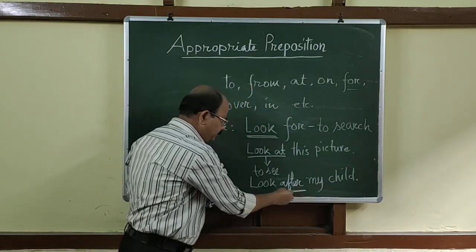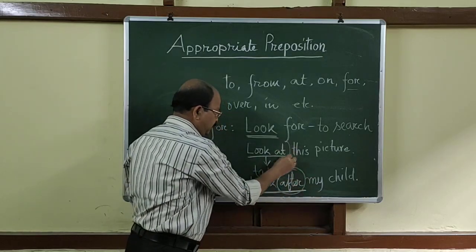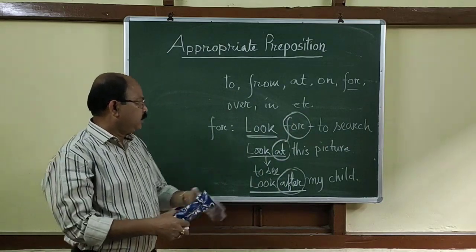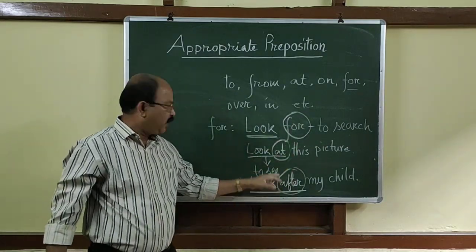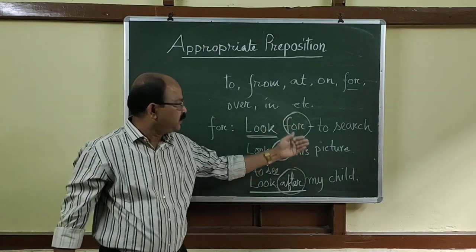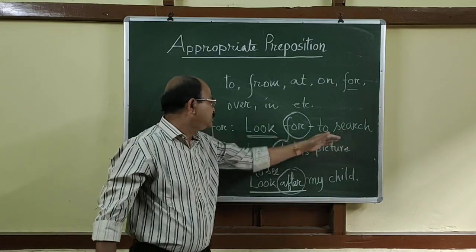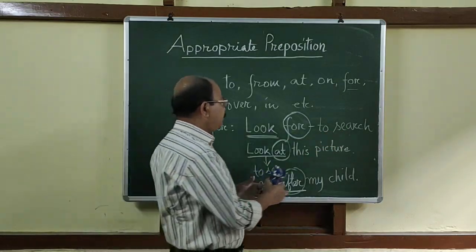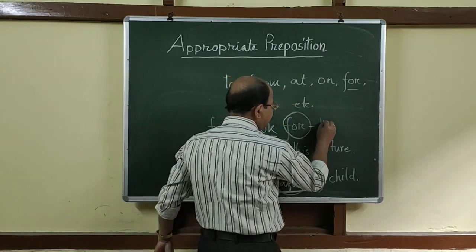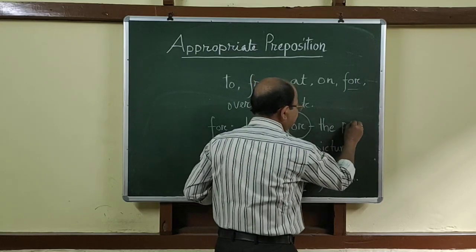So here see, after, at, for. These are the particular prepositions after the same verb form, but we have a different meaning in each sentence. Here we have to search: look for. Let me give you an example. Look for the pen.